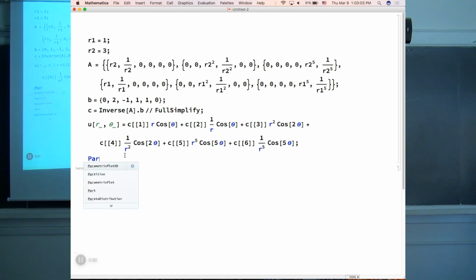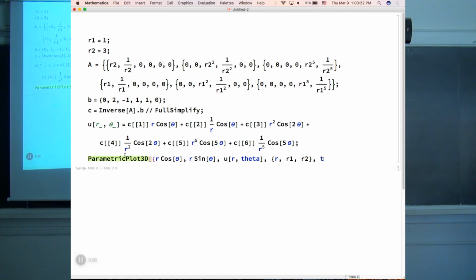So I will say parametric plot 3D, and the x variable will be R times cosine theta. The y variable will be R sine theta. And the z coordinate will be U of R and theta, where R goes from R1 to R2, and theta goes from 0 to 2 pi.